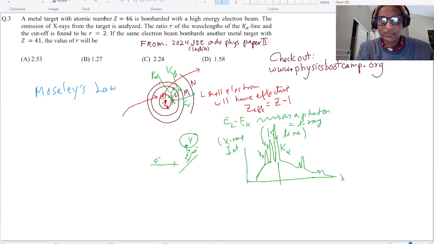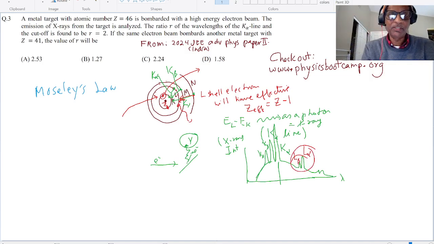If the electron that got knocked out is in the L shell, then you'll have transitions from M to L, N to L, and those will be the L alpha, L beta lines.